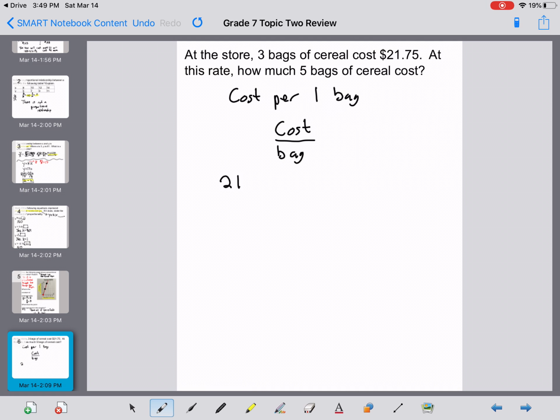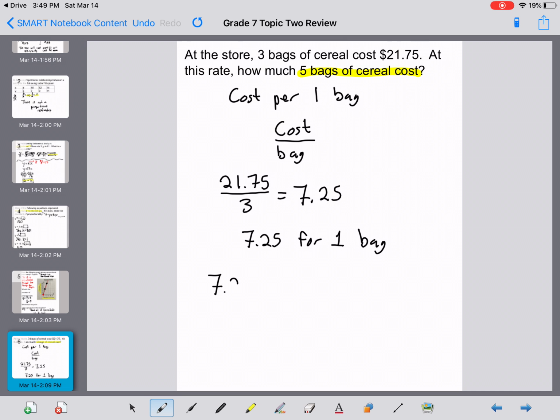So the cost is $21.75, and the number of bags is 3. $21.75 divided by 3 equals $7.25. So that is $7.25 for 1 bag.